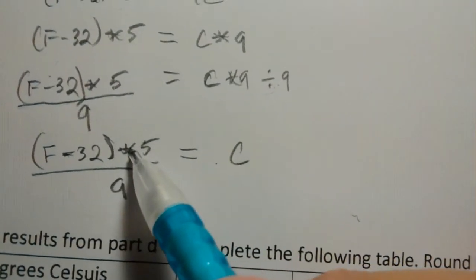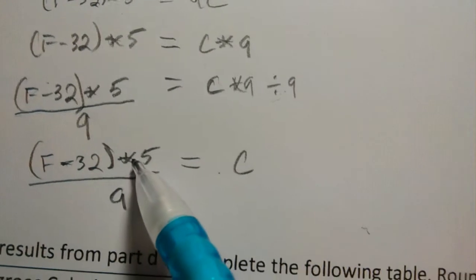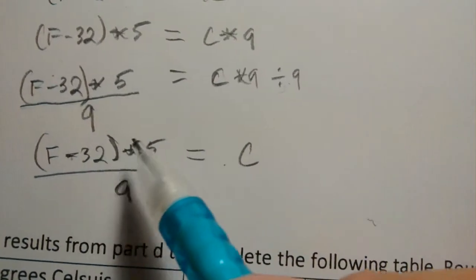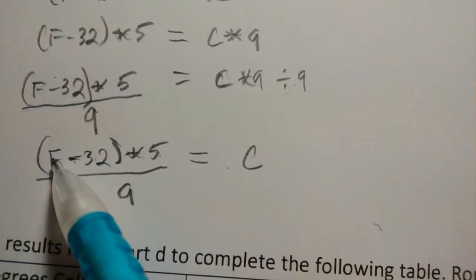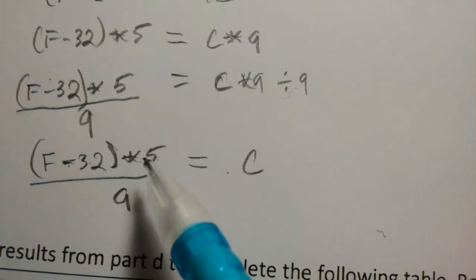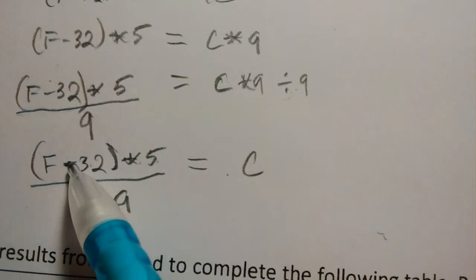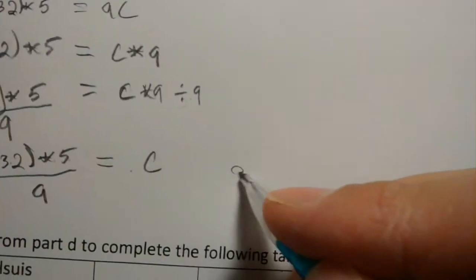It's called the distributive property of multiplication over subtraction. What this means is the 5 can be multiplied with the 32 and with the f and be equivalent, and then we'd subtract the results. So here's another way we could write this.